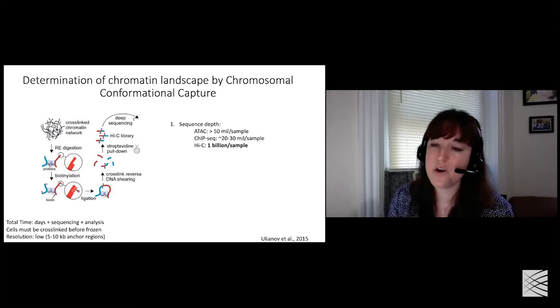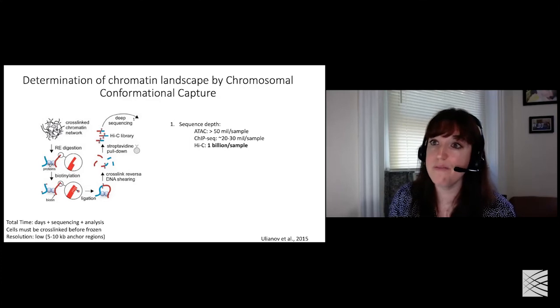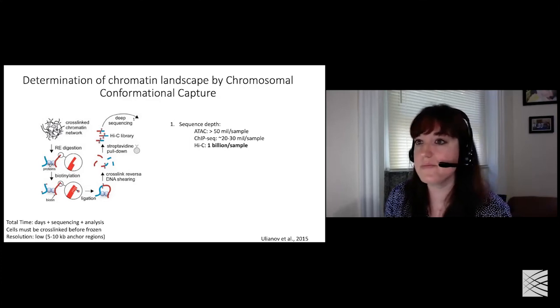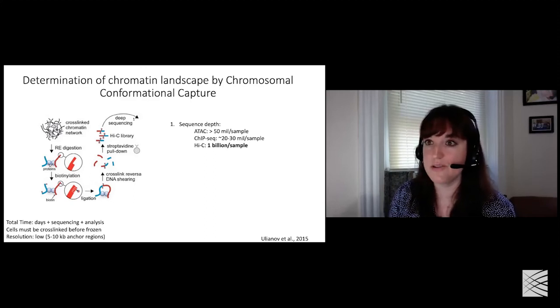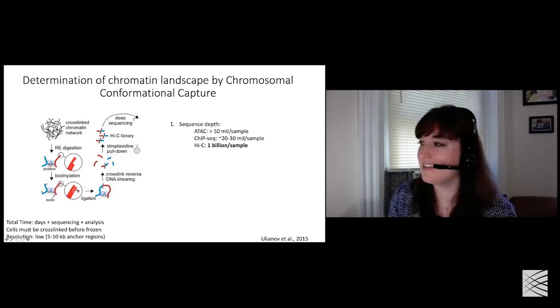This is because there are a ton of DNA-DNA interactions. If you don't sequence deeply enough, you're not going to get the statistical power to call a junction or not, or a peak or not. So you need at least like 1 billion reads per sample. This is not a trivial experiment in terms of time or cost, but you can learn a lot of information from this data.